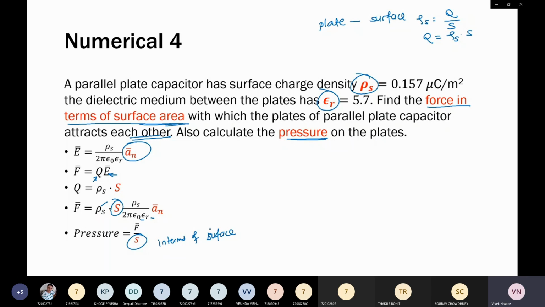But if you observe, you do have the surface term over here as well as the surface term inside the expression of force, so those surface terms will cancel out and you will get a value. So that is the pressure on the plates.